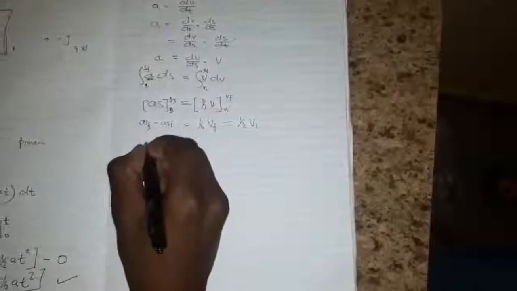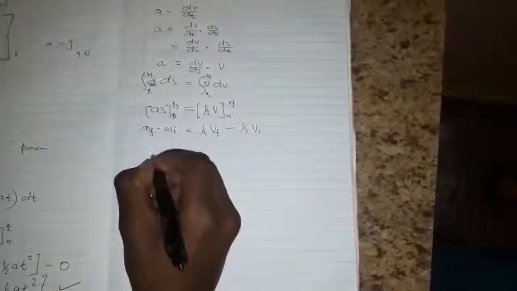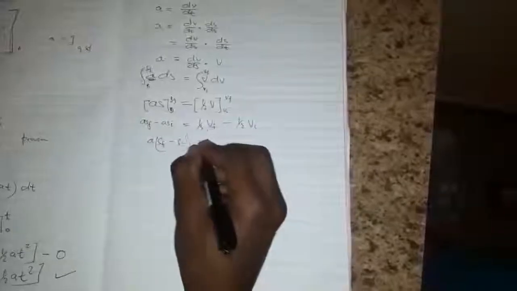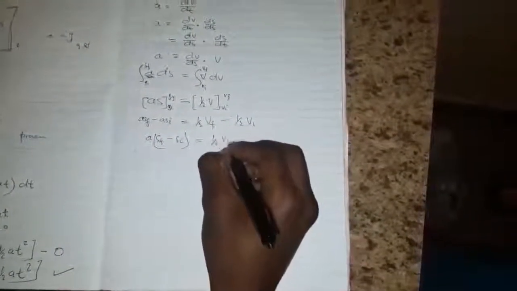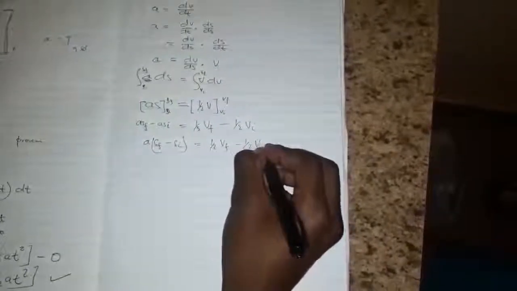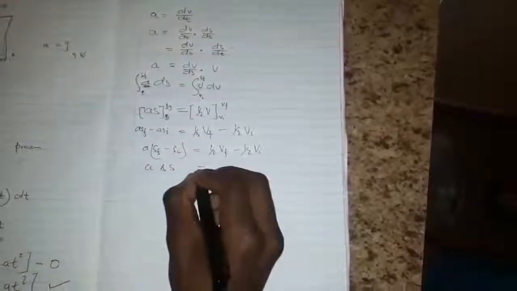Then you take a as a common factor: sf minus s initial equal to half vf minus half v initial. Then this is a change in distance.